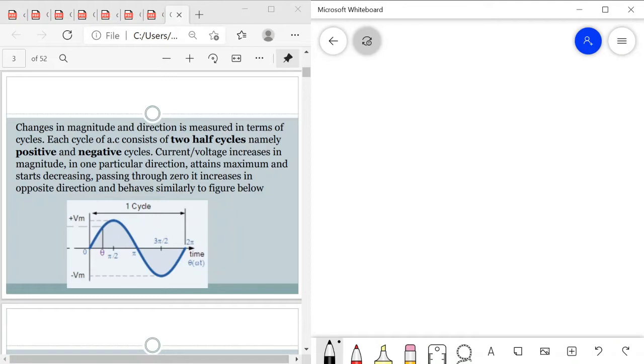It increases in the opposite direction and behaves similarly to this figure. So in a sine wave, we have two half cycles, the positive here and the negative half cycle.